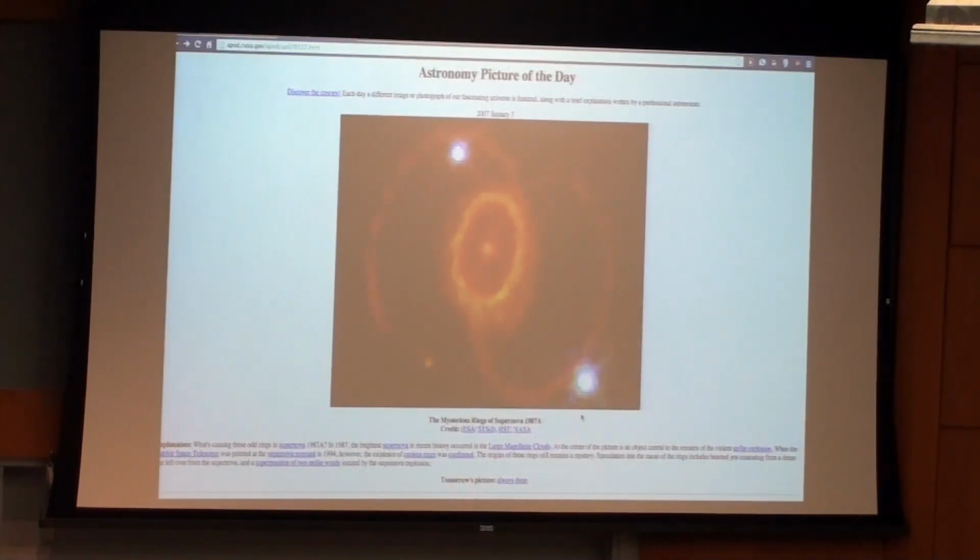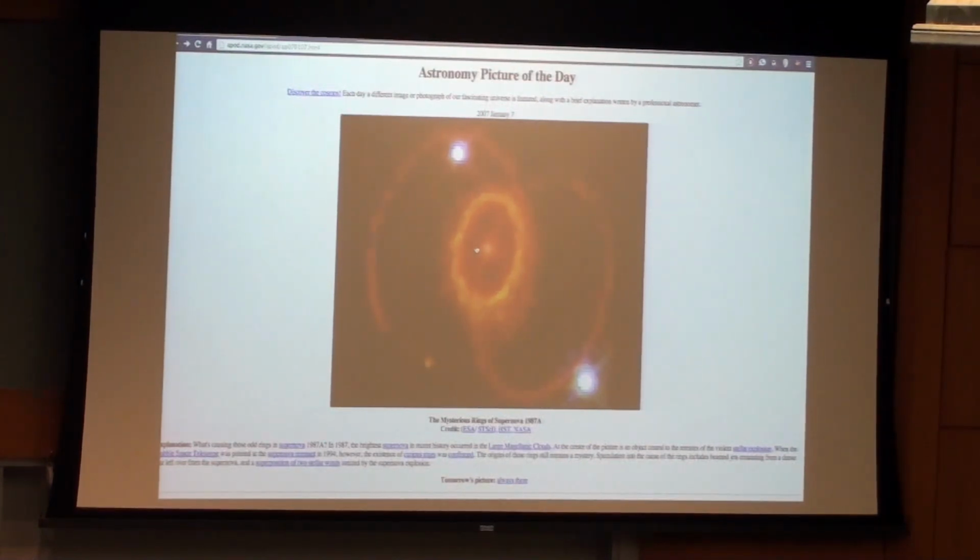All right, so this is a picture of a supernova called 1987A. It's a supernova explosion, and it happened in February of 1987. This supernova is 150,000 light years away, so in principle this explosion occurred about 150,000 years ago.